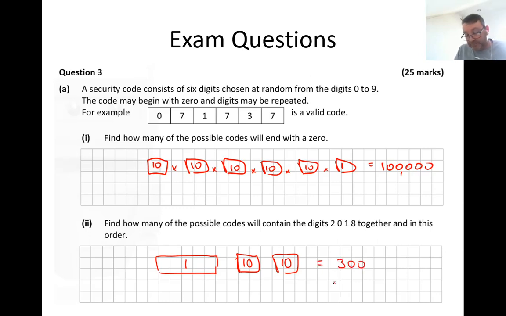See that? As you can move this thing around the place. Because the 2018 are together in this order, we treat that just as 1 block. So there's only 1 possibility of 2018, but yet that can move into 2nd place or 3rd place, and the 10s can move into 1st place or middle place or last place. So they can all move around. So you get the answer of 300.